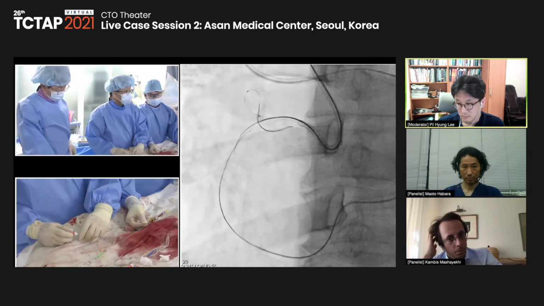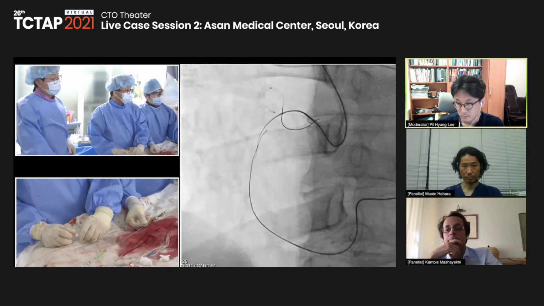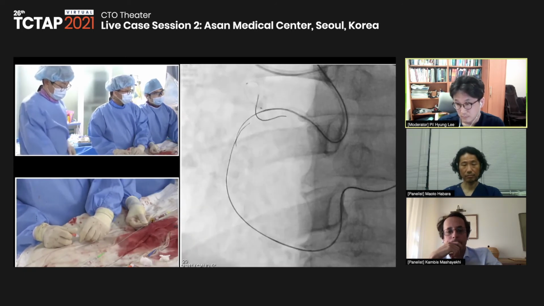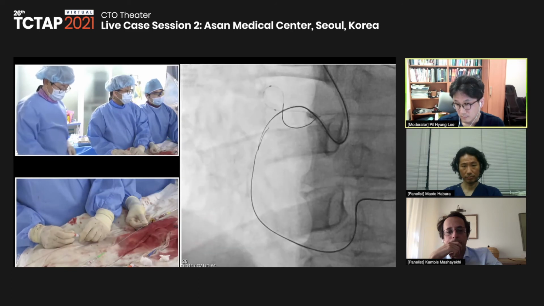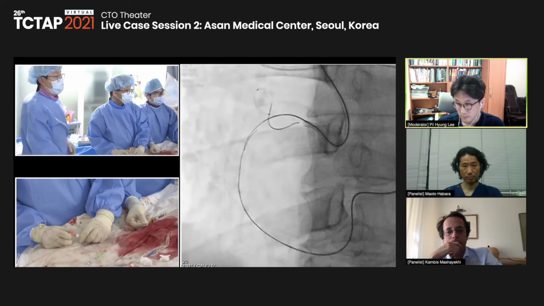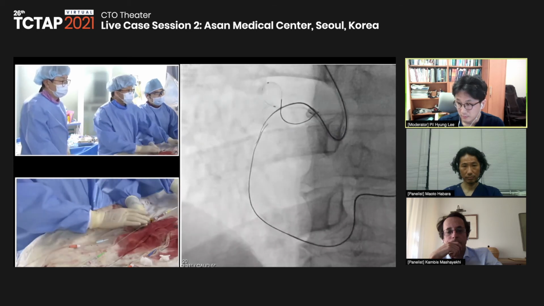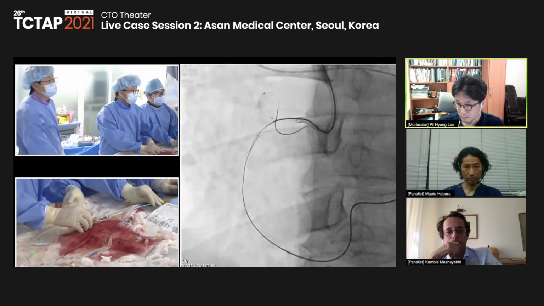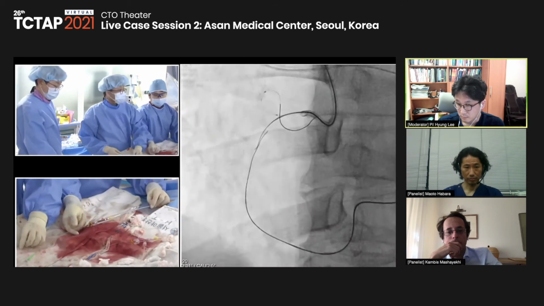Okay. The proximal antegrade wire is still Conquest. I'm not going to change my wire because I do not have much support at the proximal portion. At least I need a stiff wire.